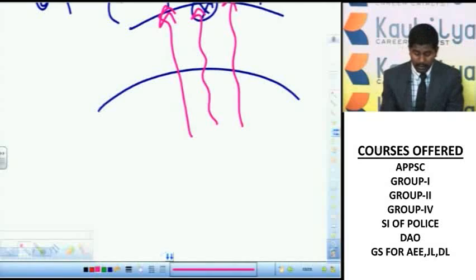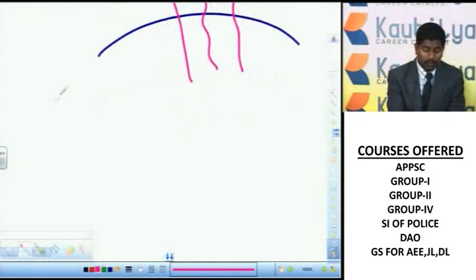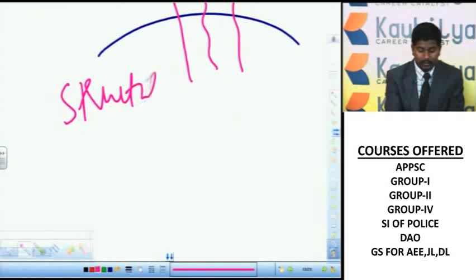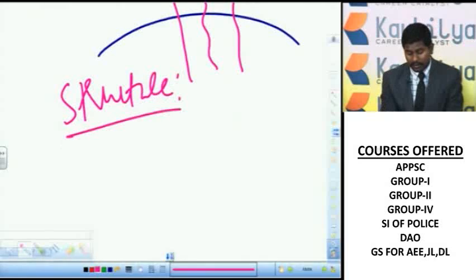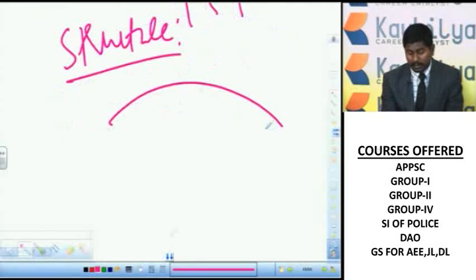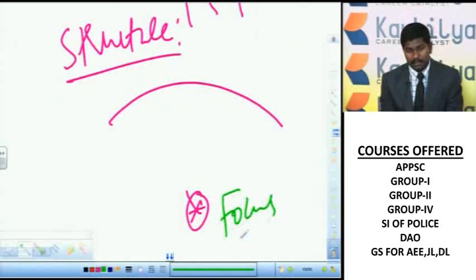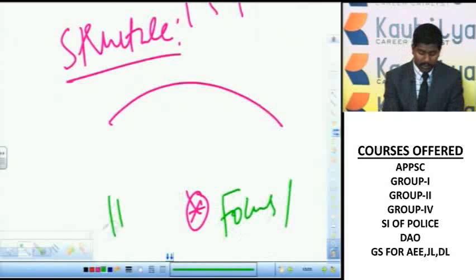Okay. Now coming to the structure of the earthquake. Whenever there is some place where the vibrating energy or some internal disturbance originates, this place where the vibrating energy originates is called the focus or hypocenter.